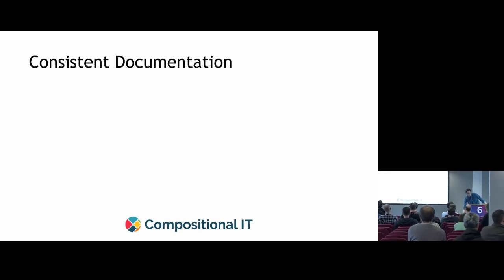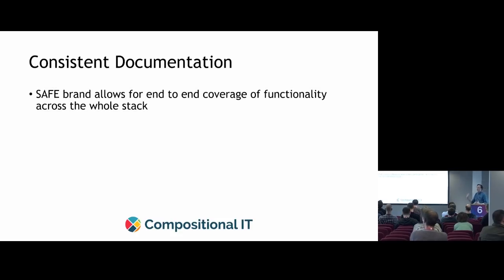Another benefit is we get consistent documentation, which means that we can do end-to-end coverage of functionality across the whole stack. A lot of components within the web world don't exist in isolation. If you want to do authentication, sure, your back-end changes are important, but it's also important to know what changes on the front end to make it work.